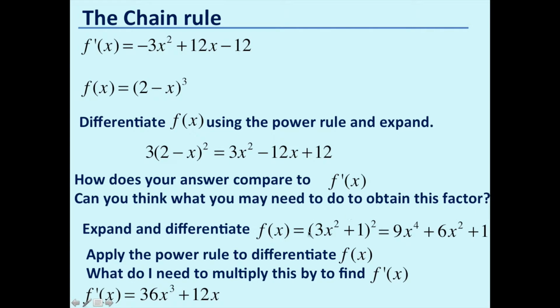So if you expanded and found the derivative correctly, you would have found that f of x is 9x to the power 4 plus 6x squared plus 1. So if we differentiate that, we get this, 36x cubed plus 12x. Now that is the derivative.